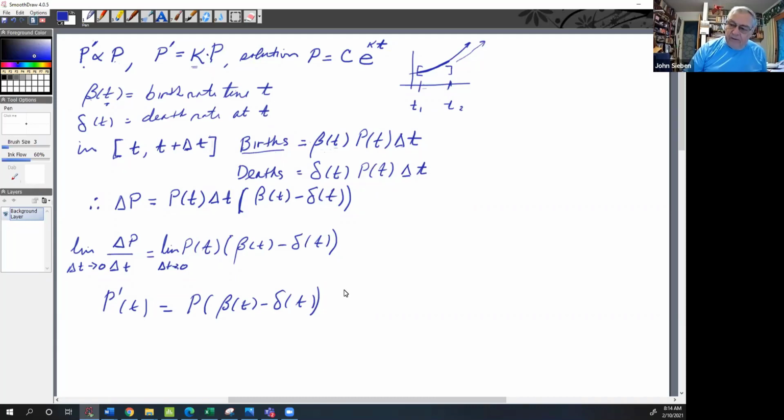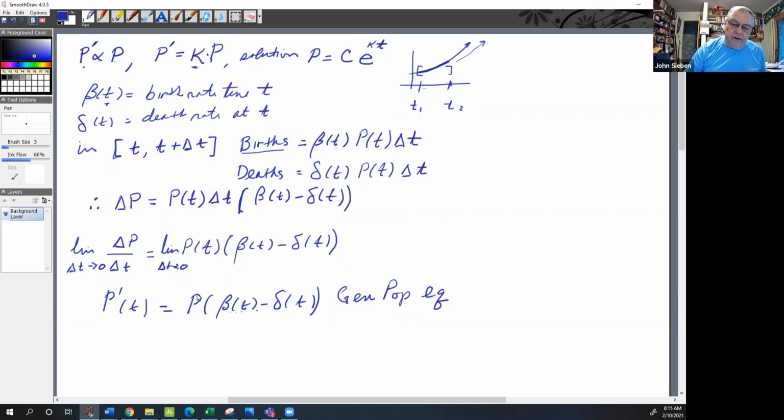This is called the general population equation. If beta and delta are constants, then the general population equation reduces to what we started with, because if these are constants, then their difference would just be k.